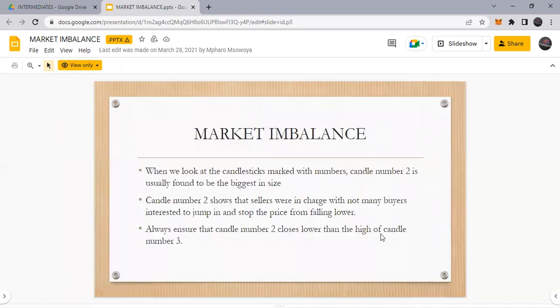Candle number 2 shows that sellers were in charge with not many hot buyers interested to jump in and stop the price from falling lower. Always ensure that candle number 2 closes lower than the high of candle number 3.